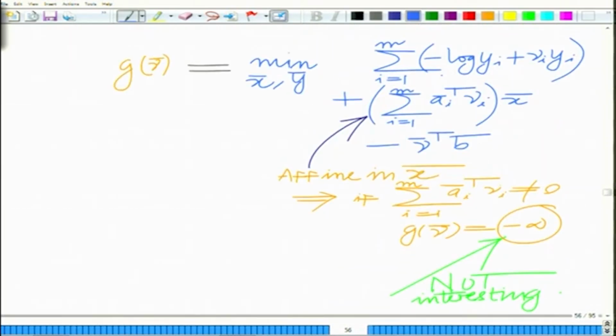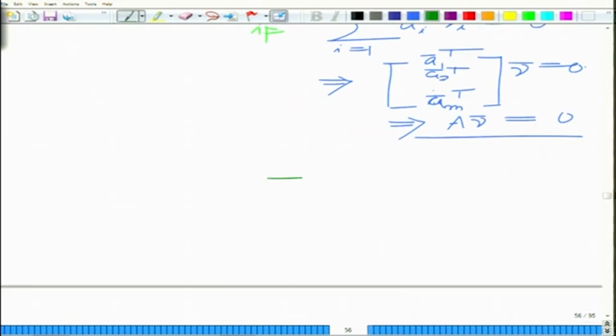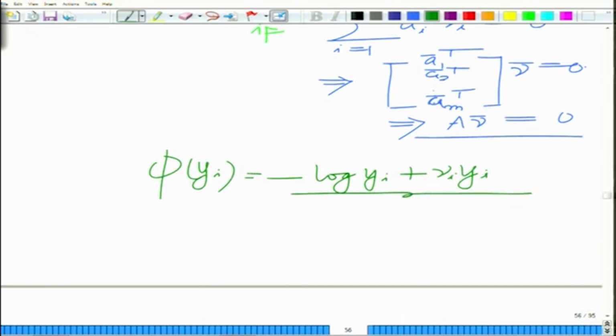Now let us come to this part, minus log yi plus nu i yi. Let us look at what is the minimum of this. Let us call this phi of yi. Now, we have to find the minimum of phi of y.